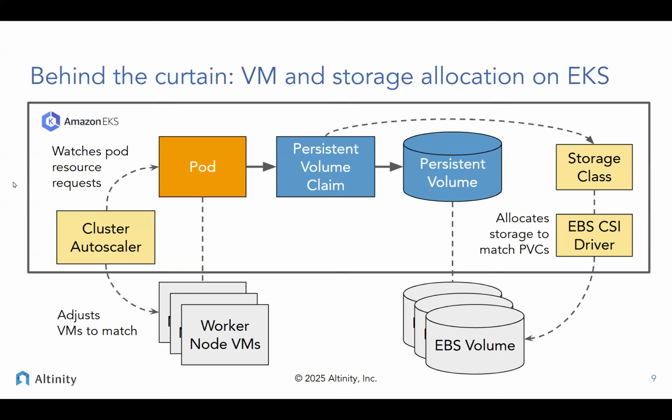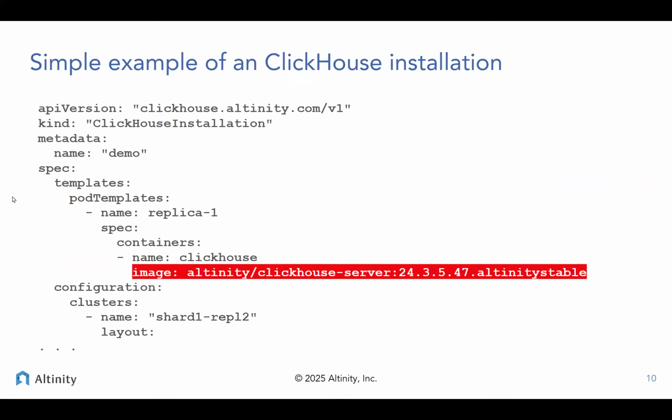Why do we use operators? Well, I already mentioned it, but in case it's not obvious, they make complex systems like ClickHouse simple. Normally, for a basic ClickHouse installation, you can describe it in 6 to 10 lines of YAML. For example, if you want to change the version of ClickHouse that you're running, there's this image property.